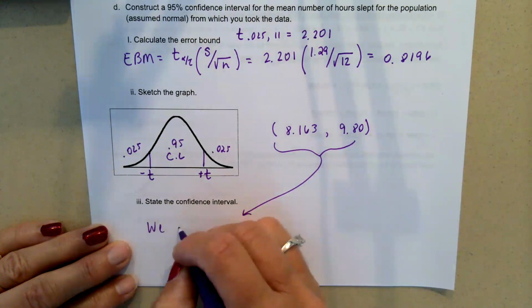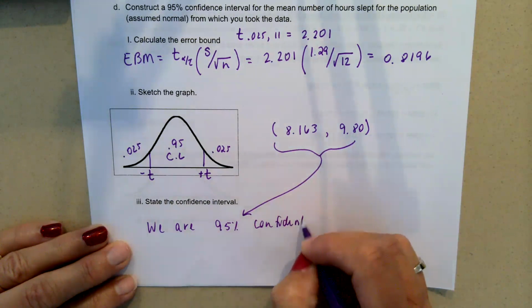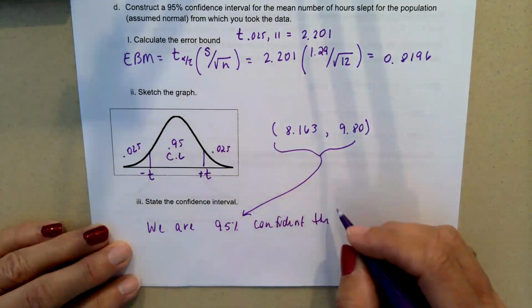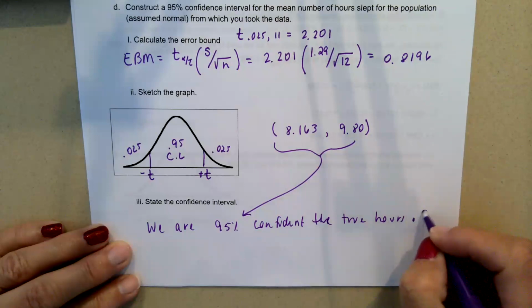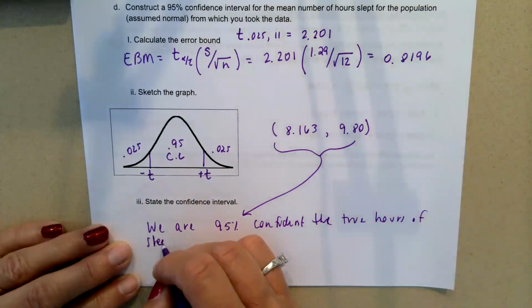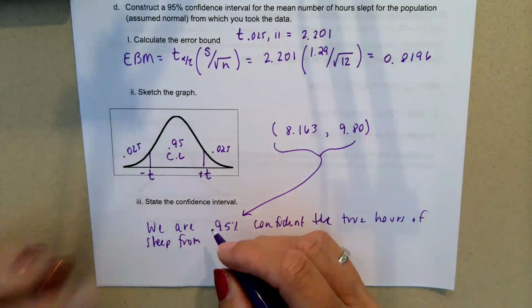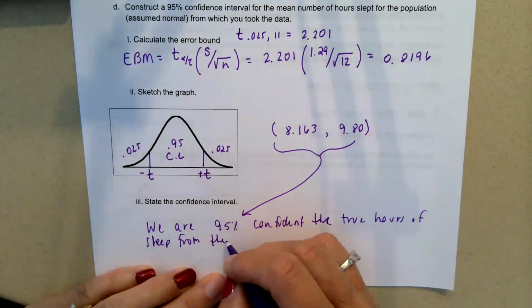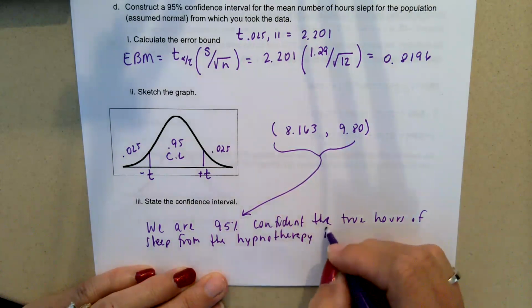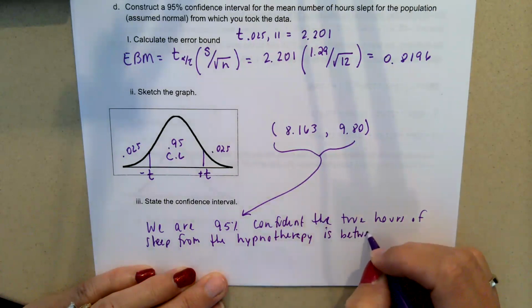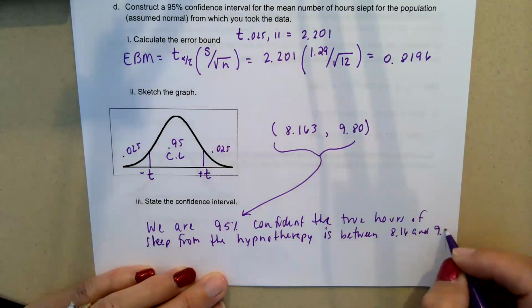So we are 95% confident the true hours of sleep from the hypnotherapy is between 8.16 and 9.8.